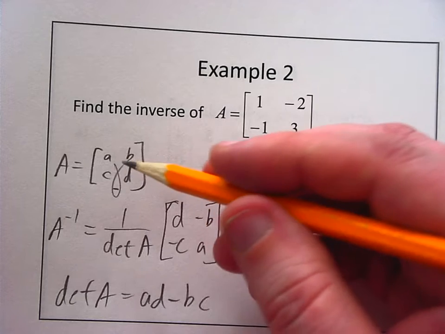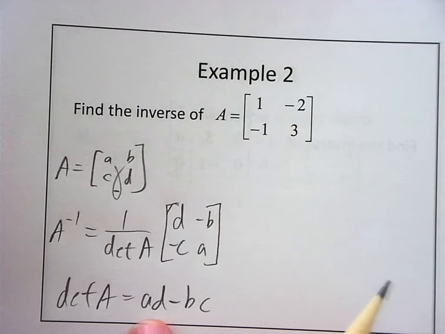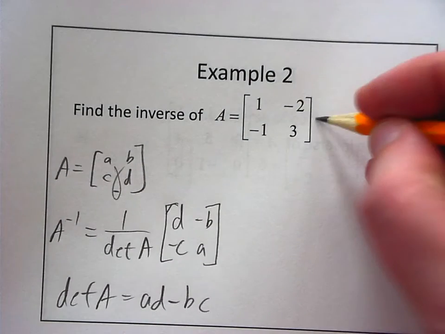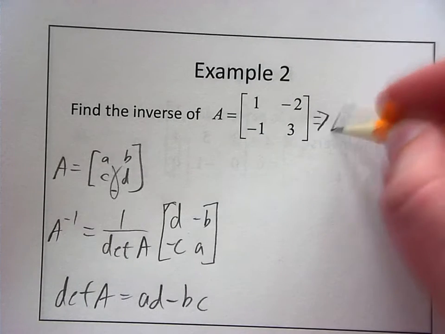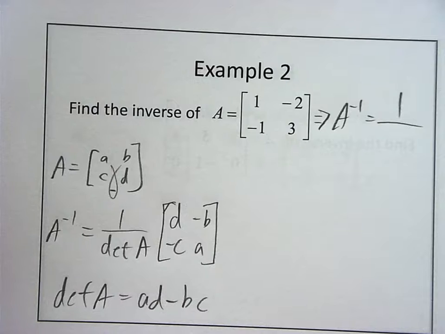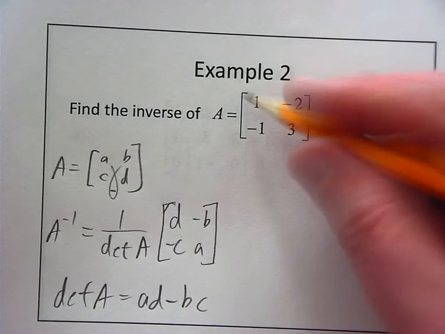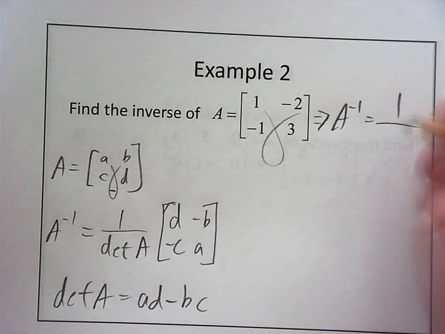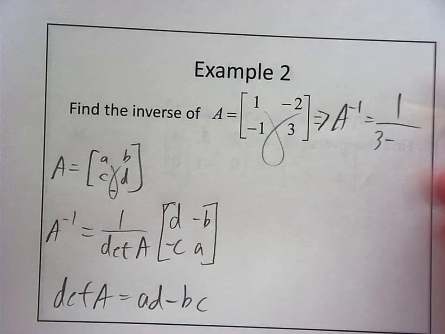It's one way to remember it. Whatever way you want to, AD minus BC. So in this case, what's your determinant? When you follow that pattern, you get 3 minus 2. So it's going to be 1.